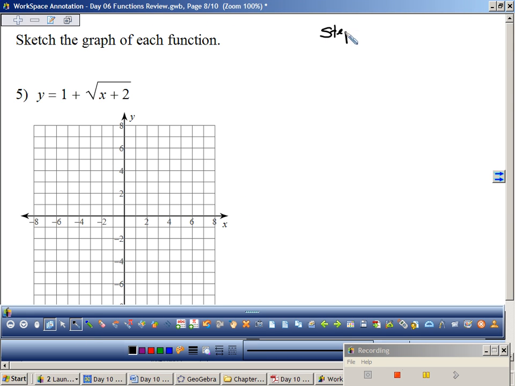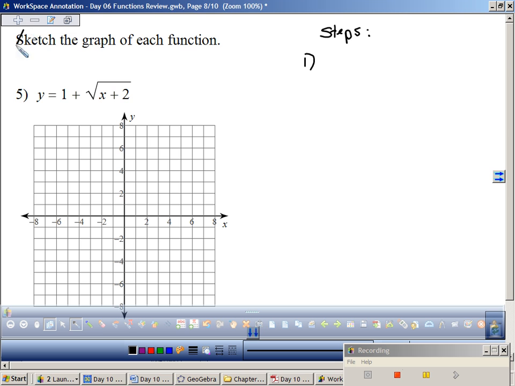So my steps start off exactly the same, correct? This says sketch. We're not going to sketch it. We're going to full on graph it, okay? So steps.